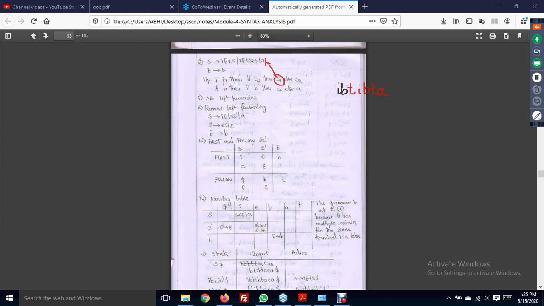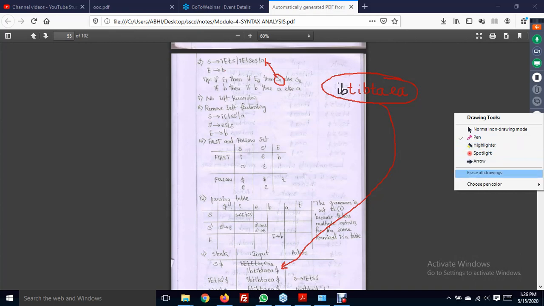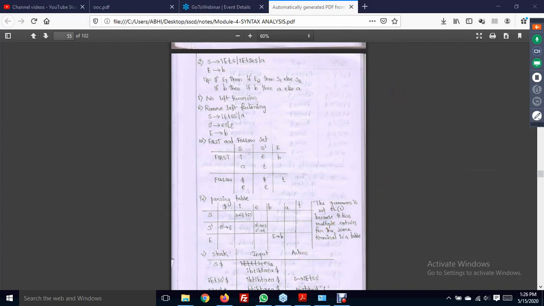Then else is in the sense it is E. Then again I have S2. S2 in the sense again I have to write it as A. Getting it? This is the input which you can see here. So IB, TIB, TA, EA and dollar. I hope the concept is clear here. Why exactly I am considering it.